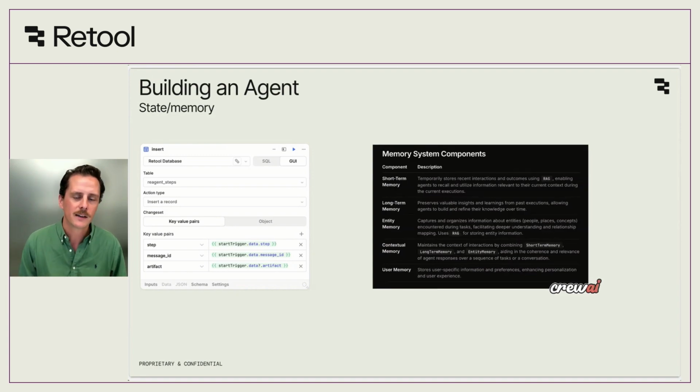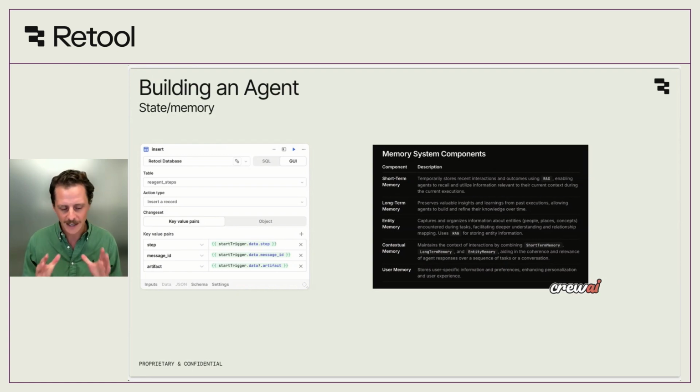Here we can see 5 different ones from CrewAI. So short-term and long-term memory generally refer to either thread-specific messages for the short-term memory or information that can be accessed across threads, long-term memory. The entity and contextual and user memory here are different constructs for essentially storing different types of data.